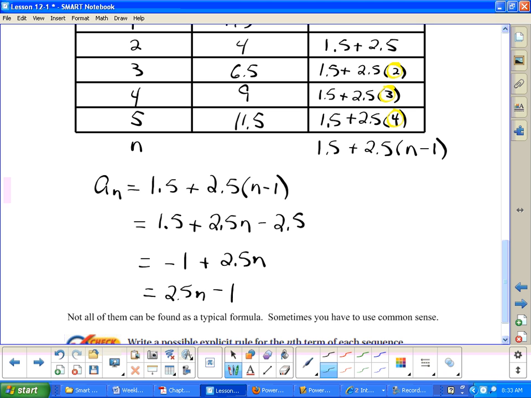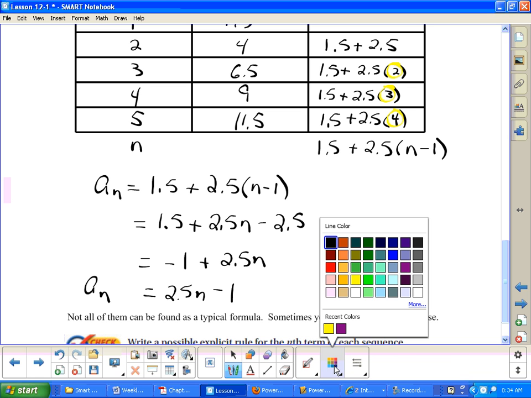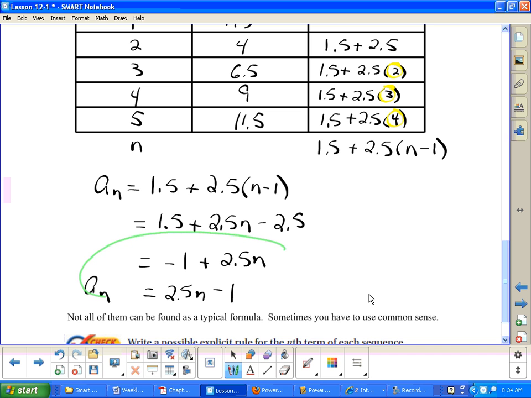So in this situation, our slope would be 2.5, so we'd have 2.5n minus 1. So whether you wrote either of these two is fine.